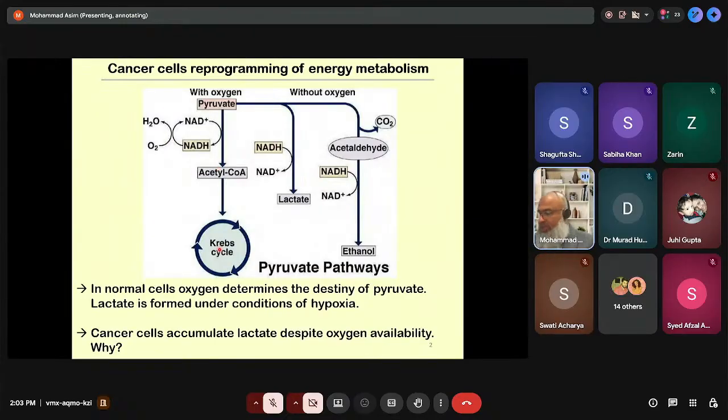This is what we are taught in BSc, and those of you doing biochemistry know this pretty well. Then you have the Krebs cycle, and the NADH and FADH2 produced are oxidized again through oxidative phosphorylation, which generates ATP. That's how metabolism works in normal cells.